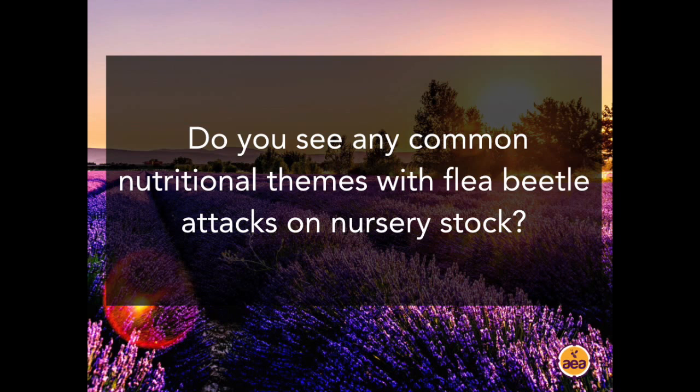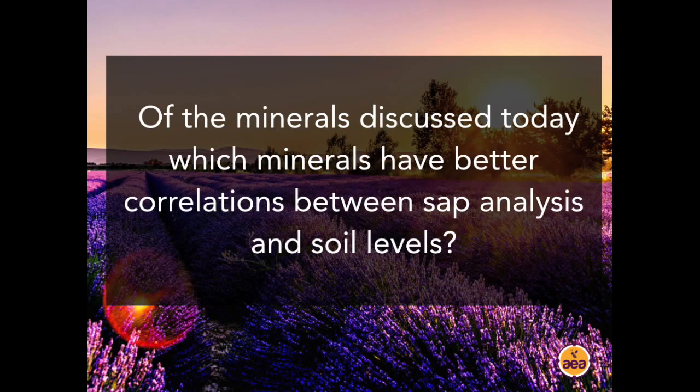Anthony Granatelli. Hi, Anthony. Glad to see you here. Of the minerals discussed today, which minerals have better correlations between sap analysis and soil levels? I would say there are only two, actually, I'll expand that to three, which somewhat correlate between soil and sap analysis.